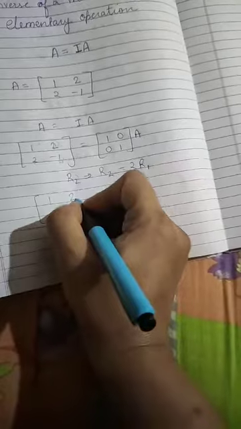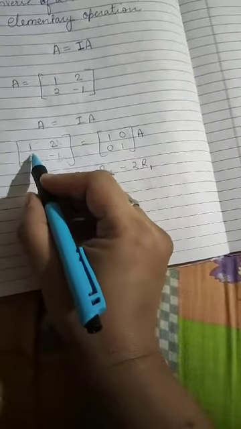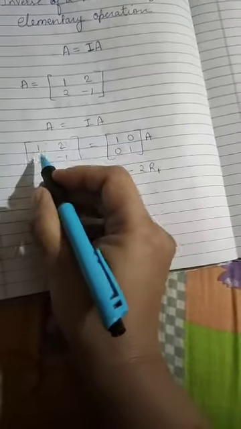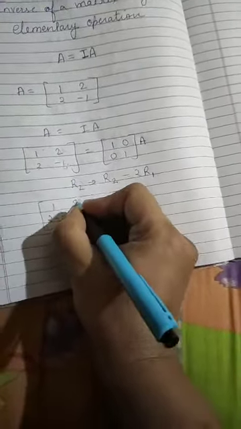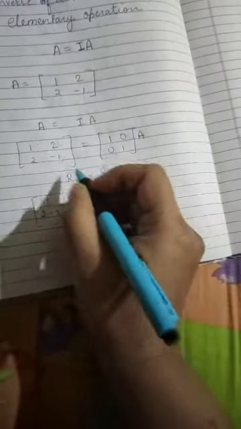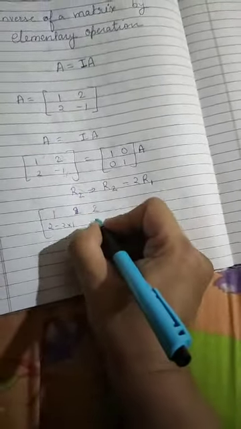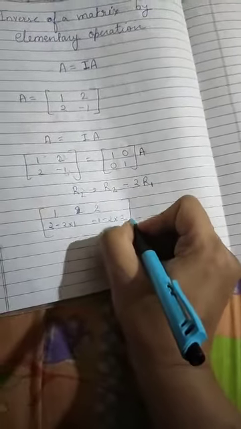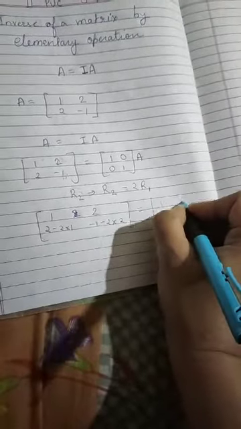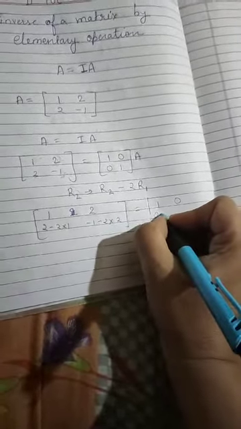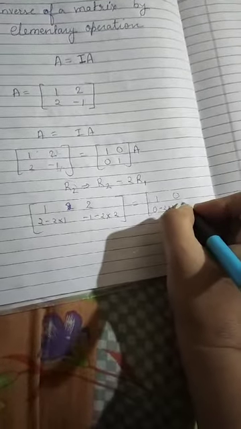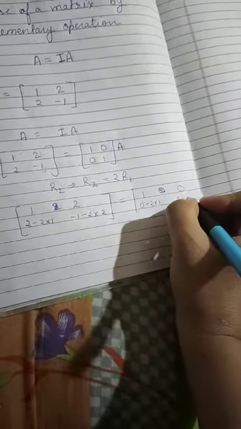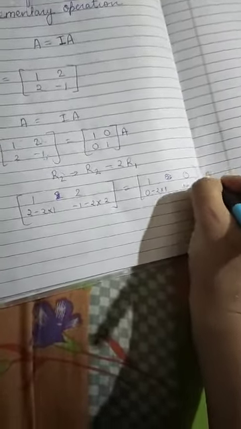So 1 and 2 will be as it is. I am multiplying 2 in R1 and subtracting from this. So 2 as it is minus 2 into the R1 value, which is 1. Here also in R2, minus 1 minus 2 into 2. Similarly 1 and 0 as it is, 0 minus 2 into 1, and 1 minus 2 into 0, and A as it is.